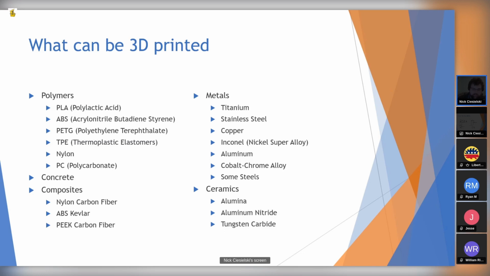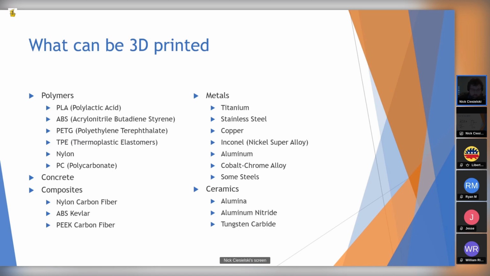It all depends what you're trying to do, but you can print steels, titanium, stainless, copper, nickel, superalloys like Inconel, aluminum, and cobalt chrome alloys. And then you get into composites as well: nylons with carbon fiber, ABS with Kevlar, PEEK, these high-end composites that are used largely in aerospace, but a whole lot of other things.